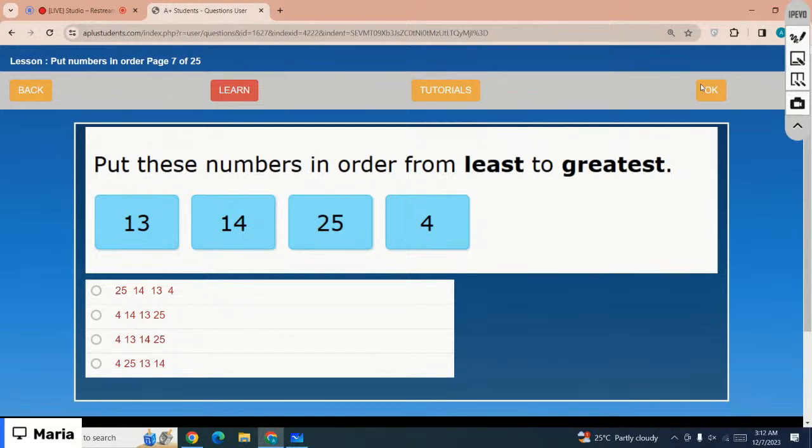Yes, the least one is 4. Then you have... which option is the correct one?